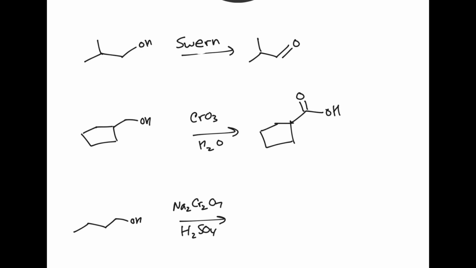It's strong, so it's going to be a carboxylic acid. All right, so for your primary alcohols, you need to keep straight: if you're using a mild oxidant, it's going to oxidize one time to the aldehyde, or if you're using a strong oxidant, it's going to oxidize that primary alcohol twice to the carboxylic acid.